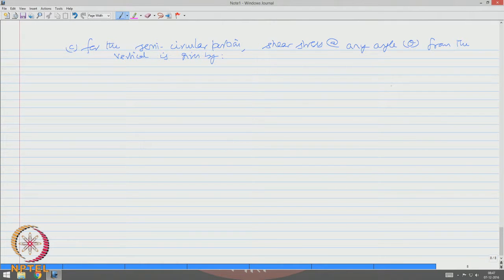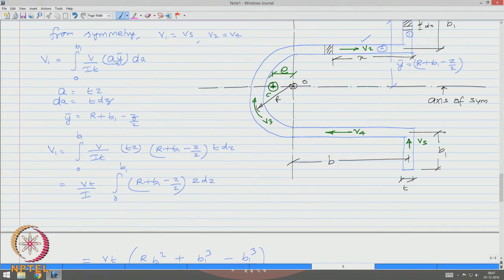Let us say you want to take this angle, I say is theta, and of course, this small angle is d theta.